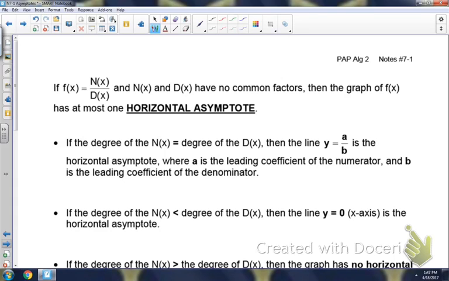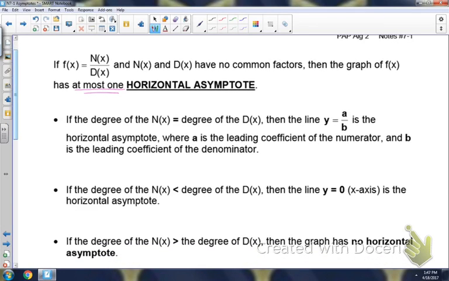Alright, so you're going to have horizontal asymptotes also. You're going to have at most one horizontal asymptote. What you're going to do is you're going to be checking the degree. The degree of a polynomial is your highest exponent.